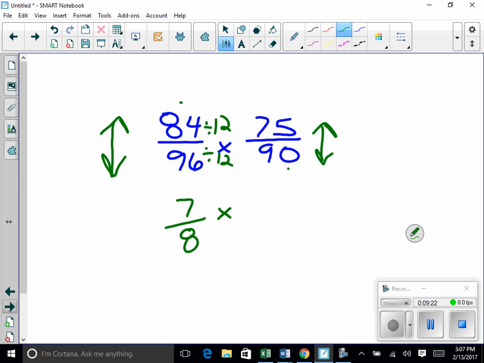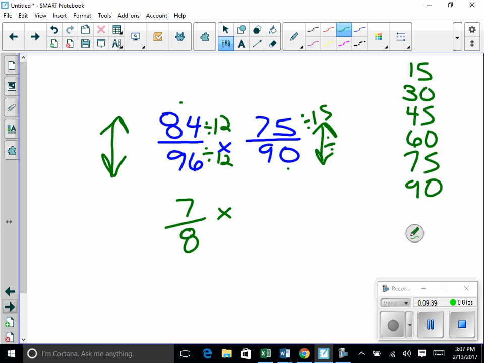And then over here, this one was a little tough. I had students say 5, but I also want to let you know 15, 30, 45, 60, 75, and then 90. So 15 goes into each of these. 15 goes into 75 5 times, and then 6 into 90.